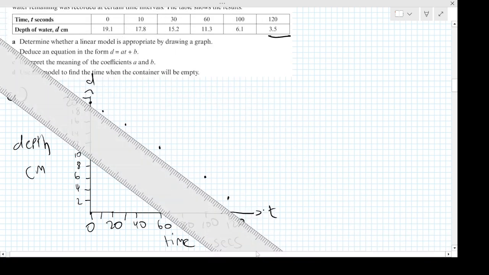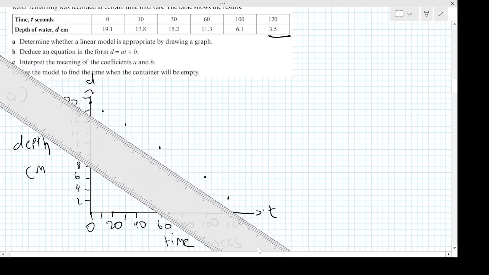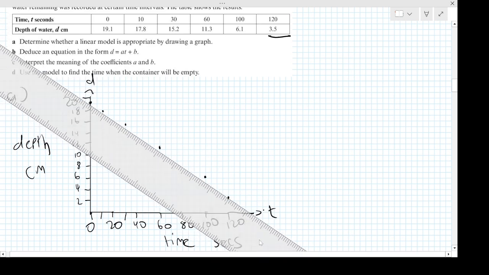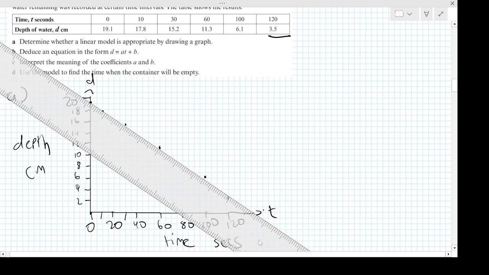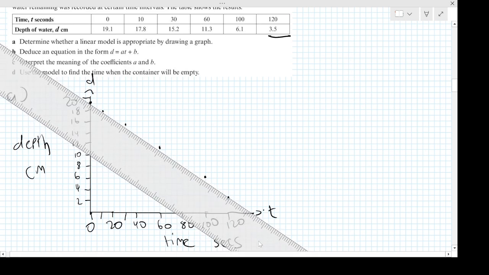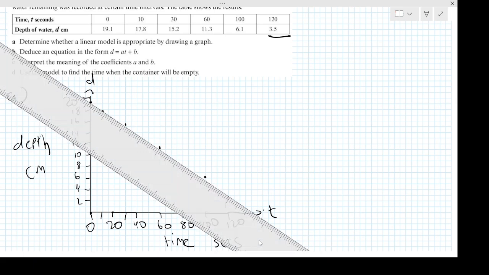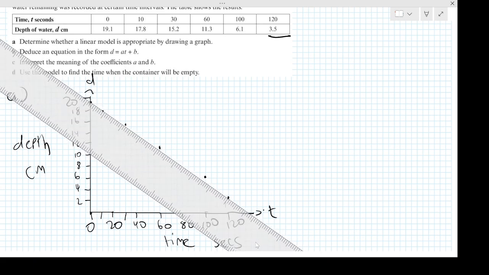So we need to match all the points up. What are you thinking? Should we go through there? There we are.